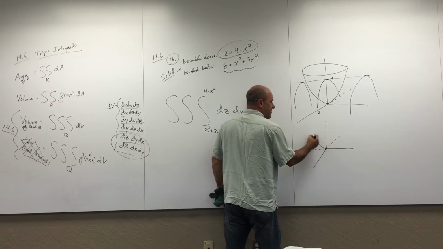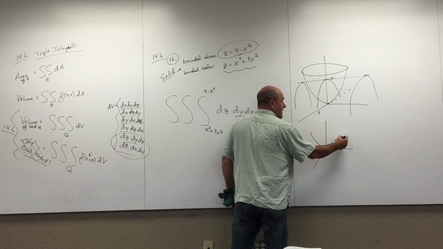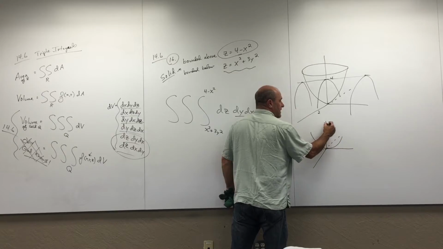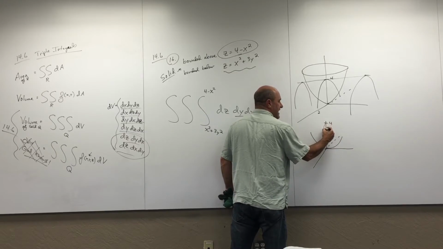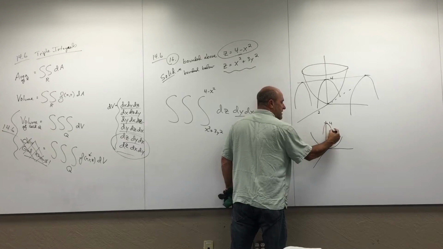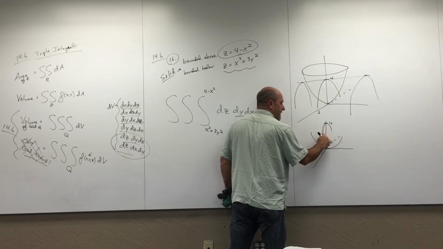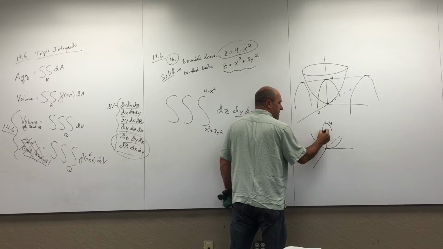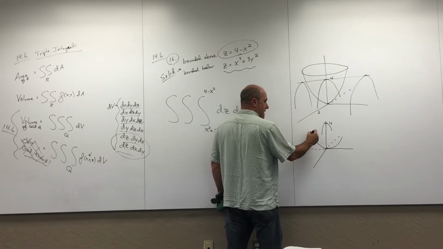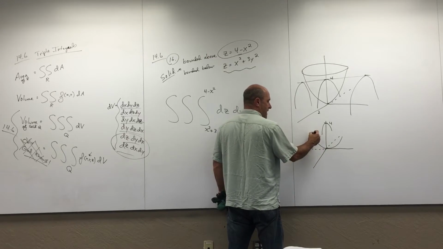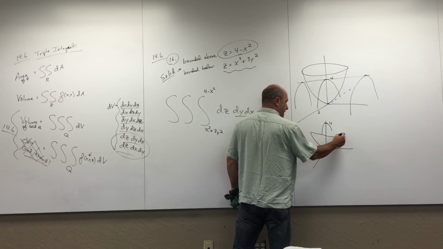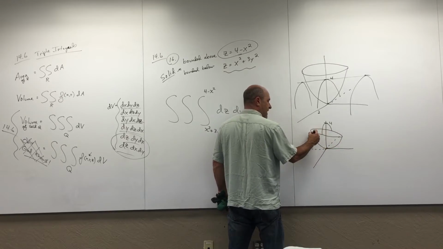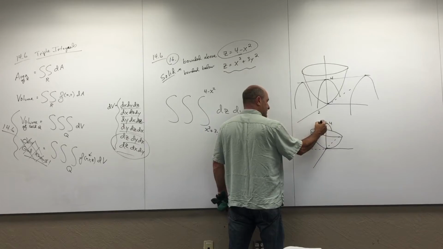So there's a funny parabolic bottom, and then this thing comes slicing down here. It's sort of going to hit this bottom. Maybe it's kind of like this.